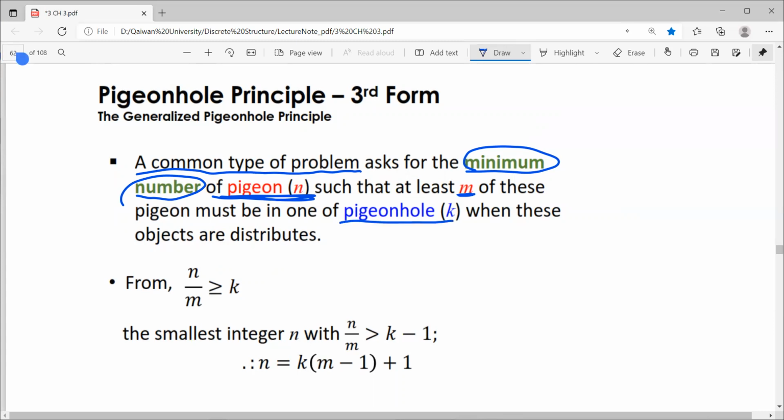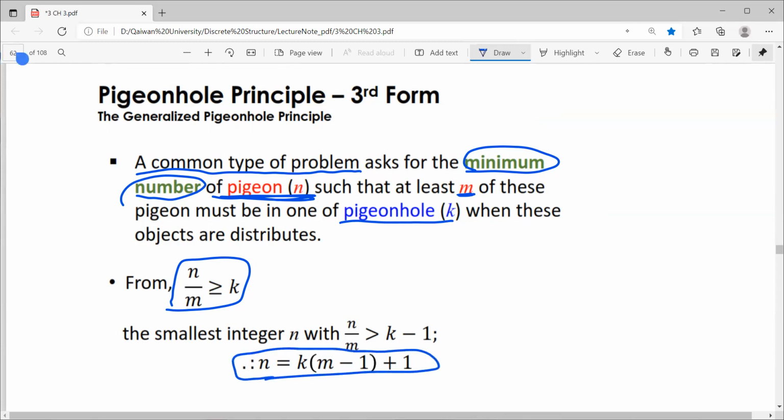In this type of example, we have m and k, but we should find n. What we do, we apply this: if n over m is greater than k minus 1, and we just apply this rule.